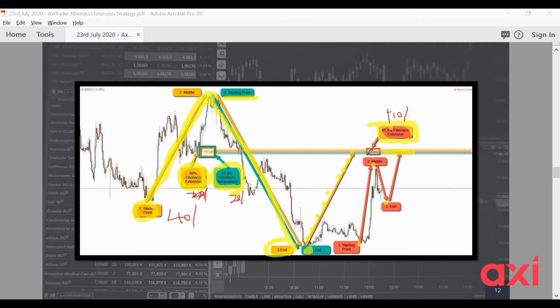By themselves, they don't stand much of a chance for a successful trade to occur. But if you add them up together, 40% plus 20% plus 10%, 40, 50, 60, 70, you have a 70% chance of a successful reversal when price reaches here and goes down. So that is the concept behind Fibonacci confluence.